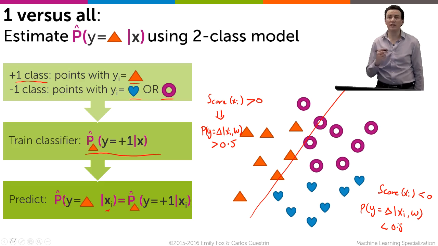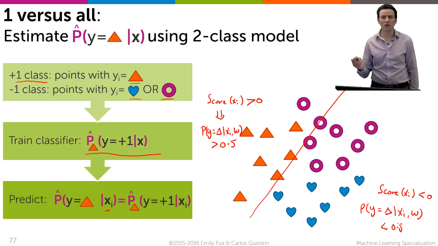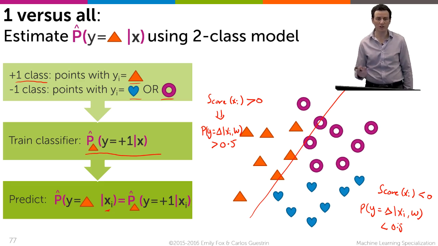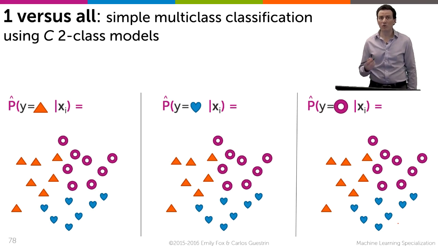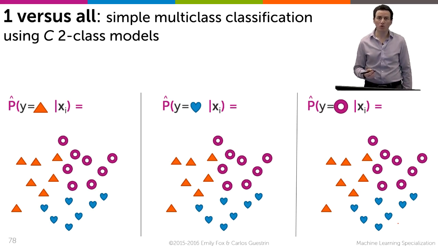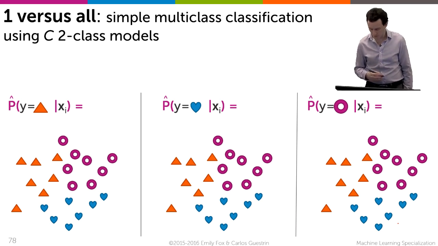So this lets me take a data point and say, is this more likely to be a triangle than a donut or a heart? But that doesn't tell me how to do multi-class classification in general. How do we do multi-class classification in general? And so what we'll do is we'll learn a model for each one of these cases. So it's going to be one versus all for each one of the classes.